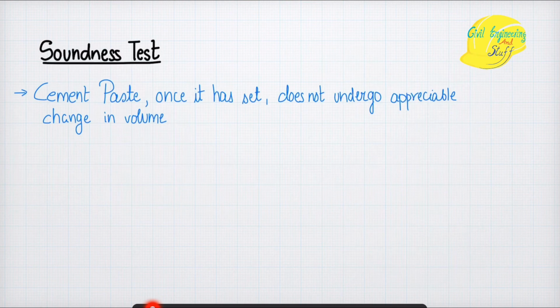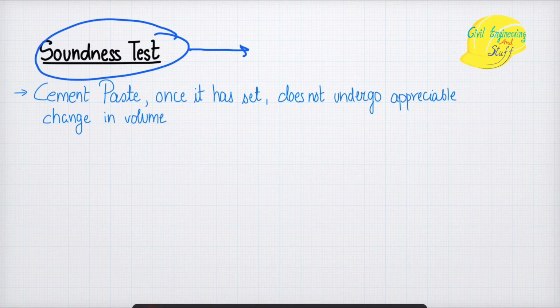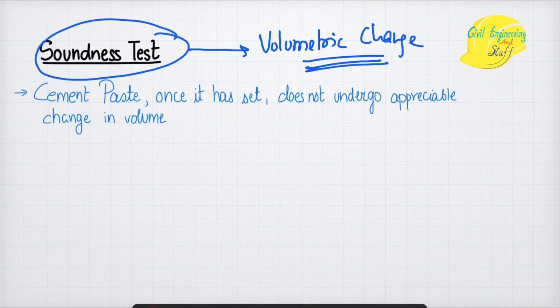After this we have the soundness test. In the soundness test we want to know the volumetric change the cement paste has undergone in a subsequent period of time.